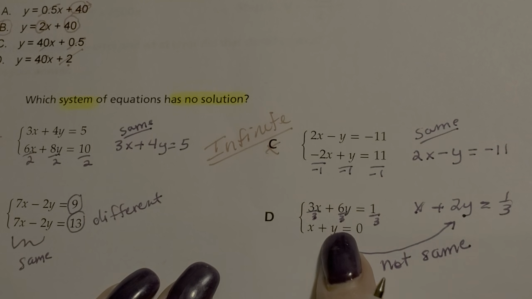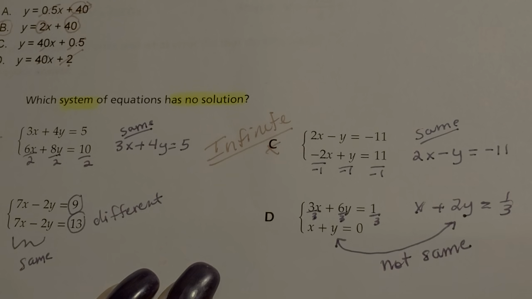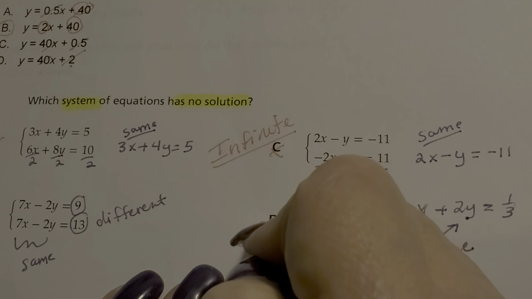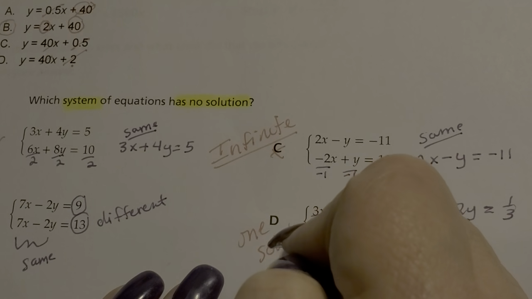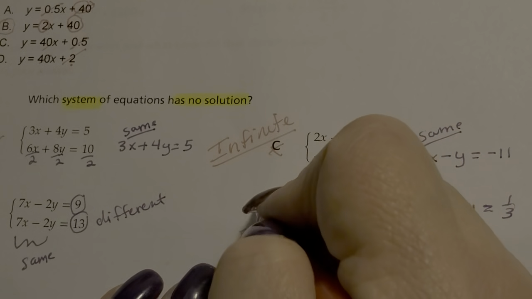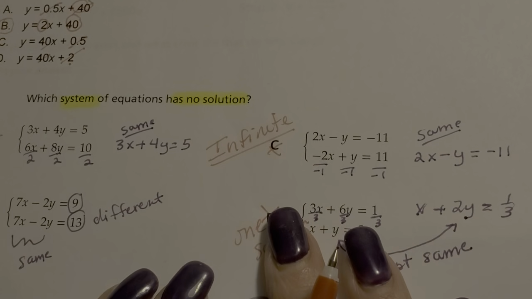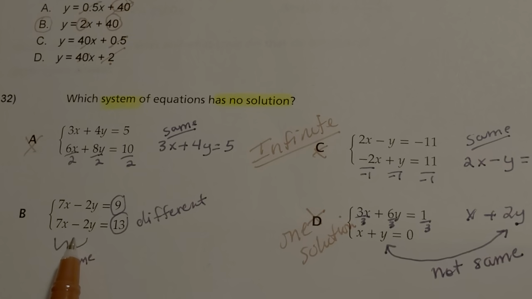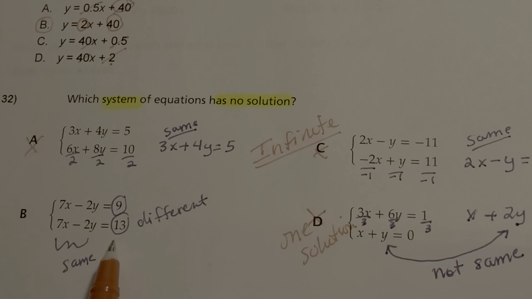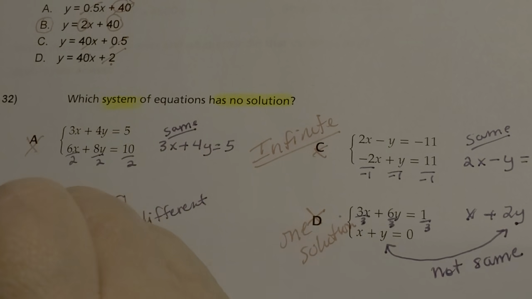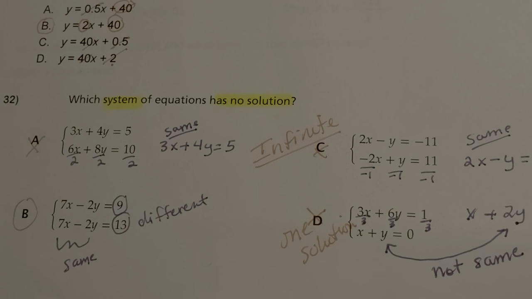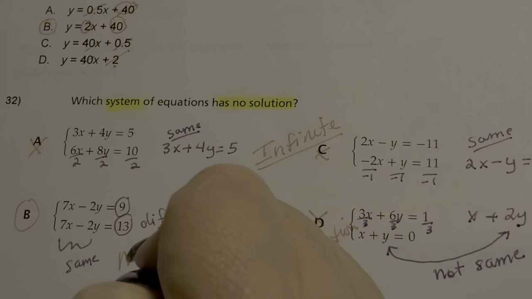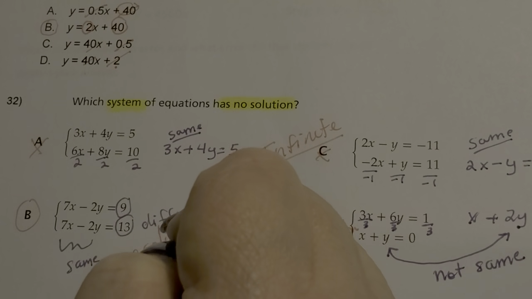This one, where our variables with their coefficients are not the same, has one solution. So obviously, it's out. Well, that leaves me the system that has identical variables but different constants. That makes it have no solution. So it is answer choice B.